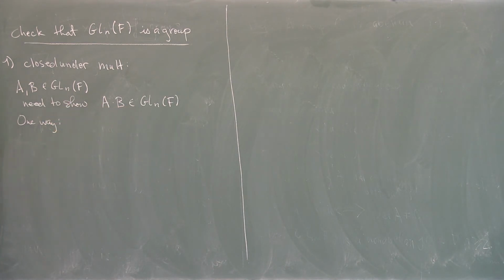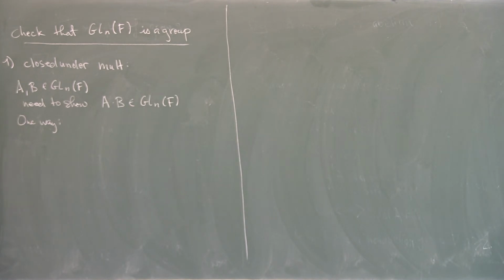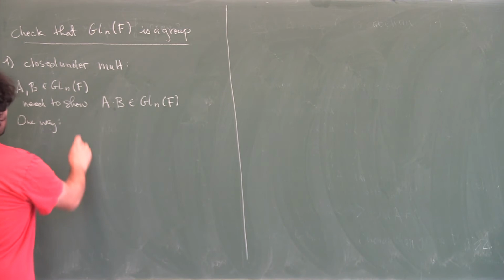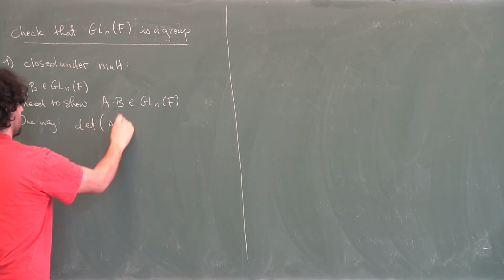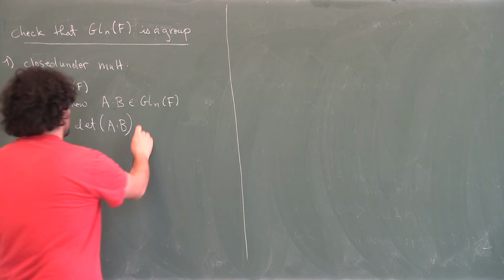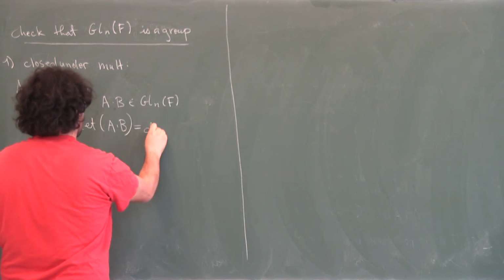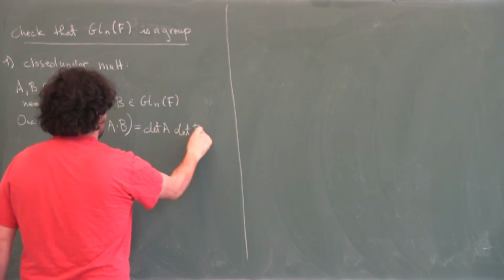One way to do that, we've said one characterization for a matrix to be invertible is that its determinant is non-zero. So we can apply that to the product here. We can look at the determinant of A times B. And from linear algebra, you know that the determinant is multiplicative. So the determinant of A times B is the determinant of A times the determinant of B.